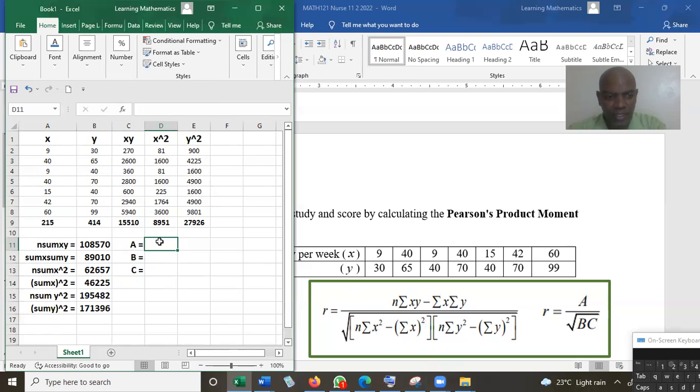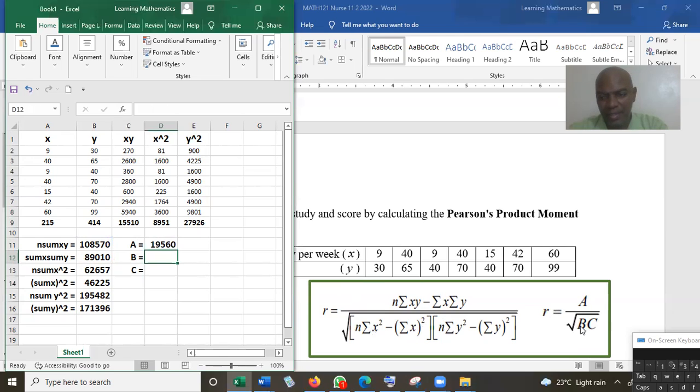So A is equal to the first number in B11 subtract the second number, which is the sum of x times the sum of y, in B12. And in here is A.